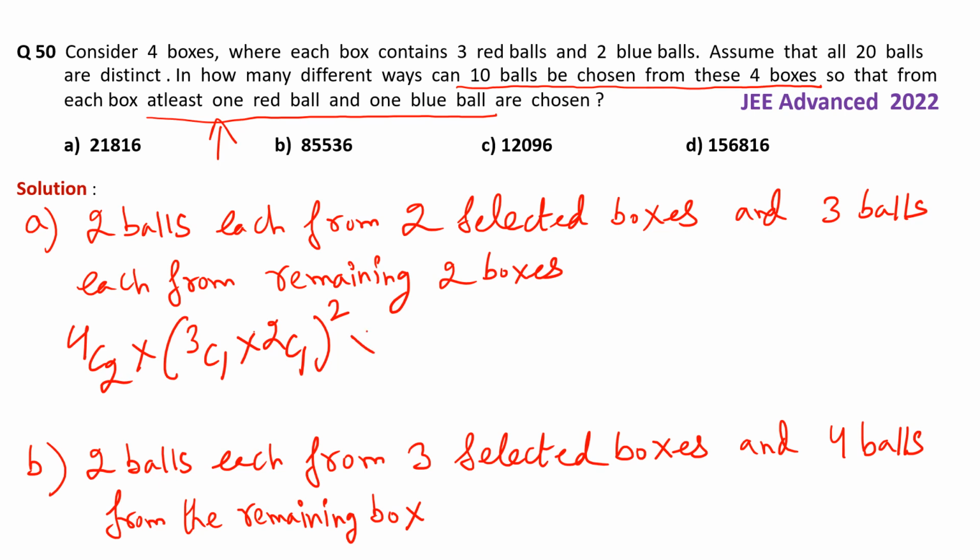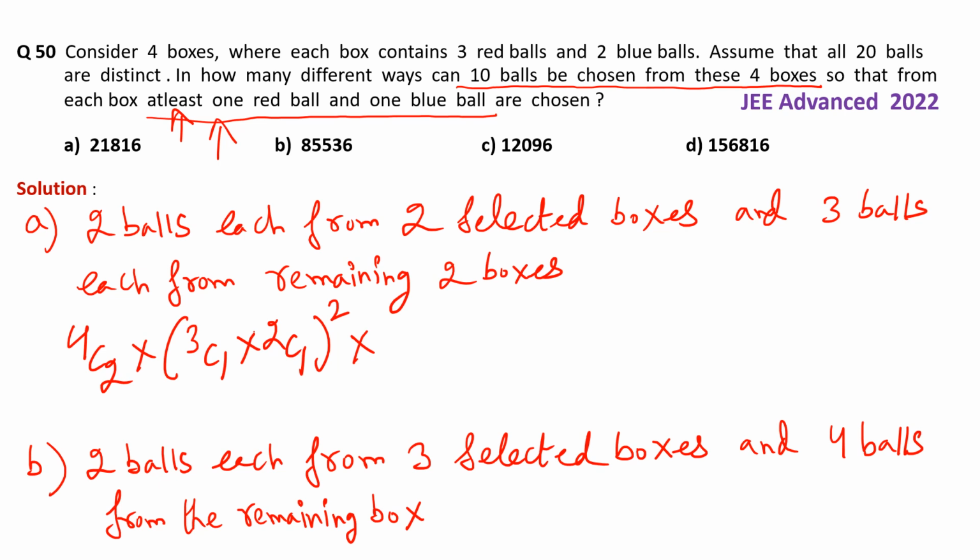Now students, we move to the remaining 2 boxes. From each of the remaining 2 boxes, we have to draw 3 balls. Keeping this condition in mind, it can be done in 2 ways. First, if I draw 1 red ball and 2 blue balls, or another, if I draw 2 red balls and 1 blue ball.